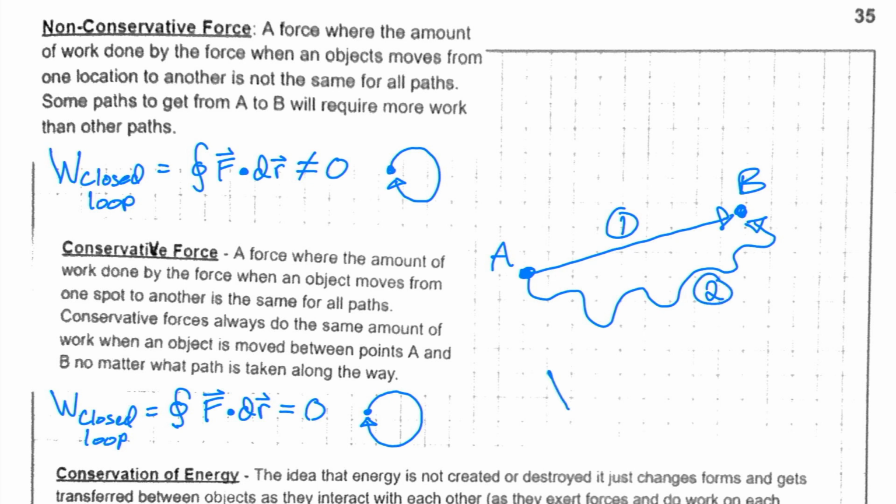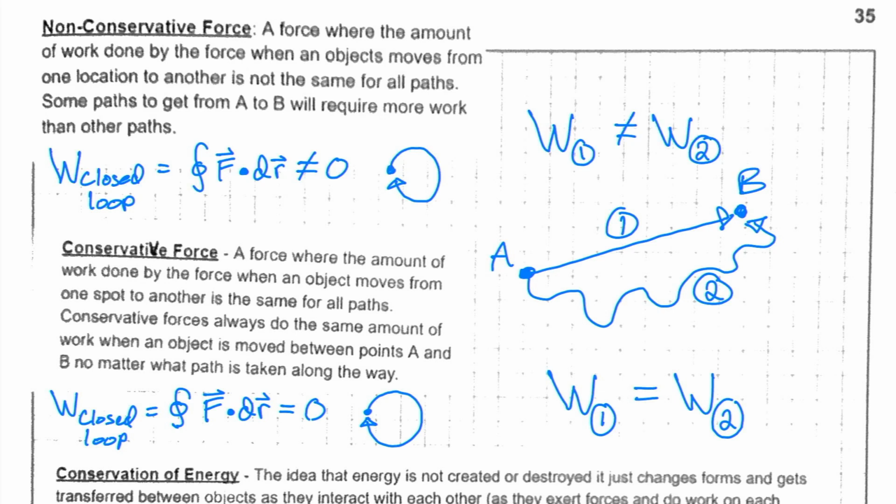For a conservative force, the work for path 1 will equal the work for path 2, whereas with a non-conservative force, the work for path 1 will not equal the work for path 2.